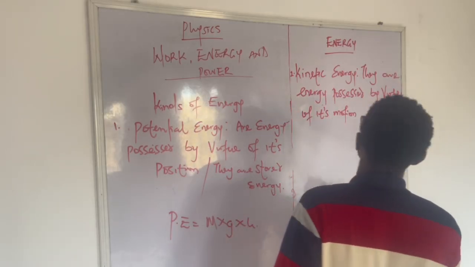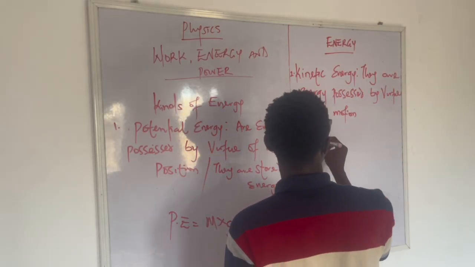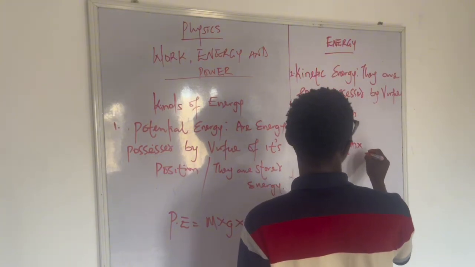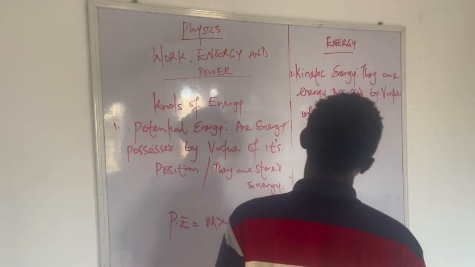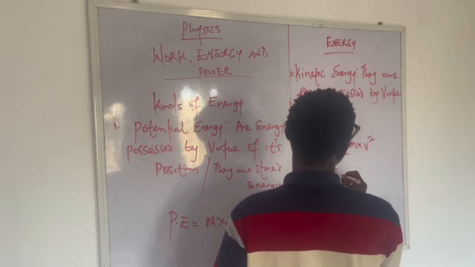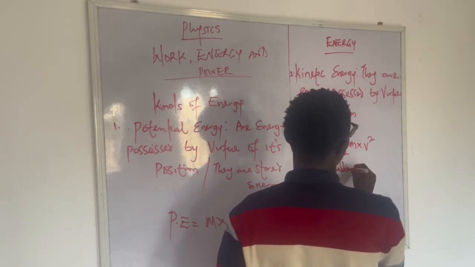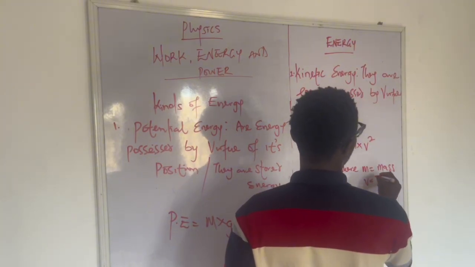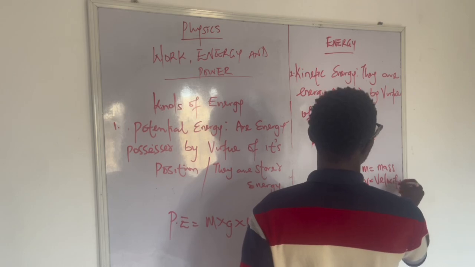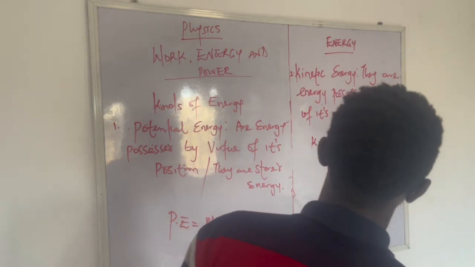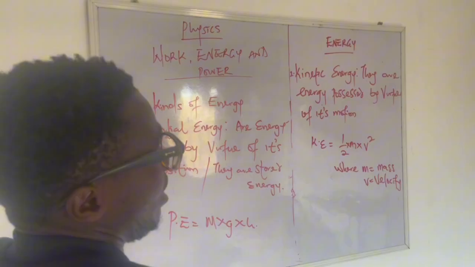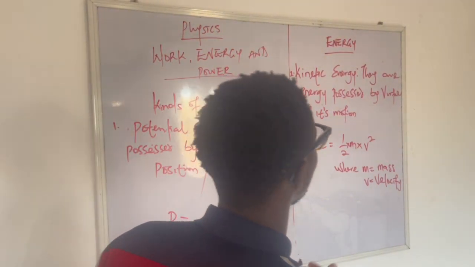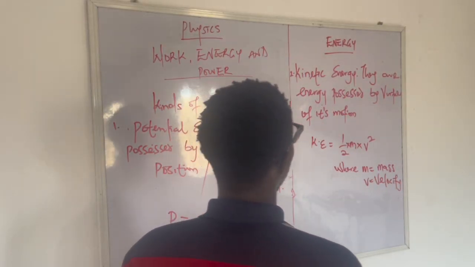KE is half times m times velocity squared, where m is the mass and v is the velocity. From there, we can have one or two work examples, and we move to the law of conservation of energy.